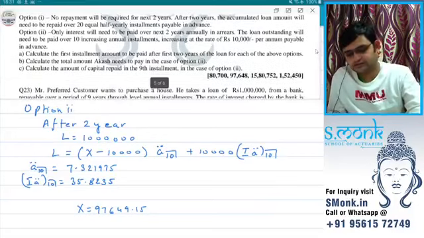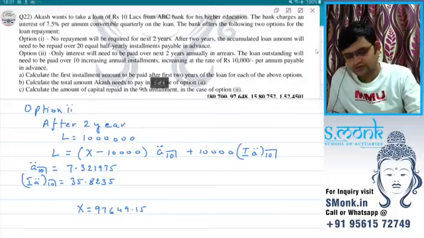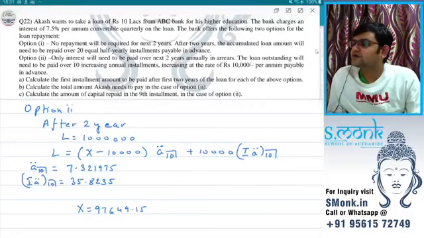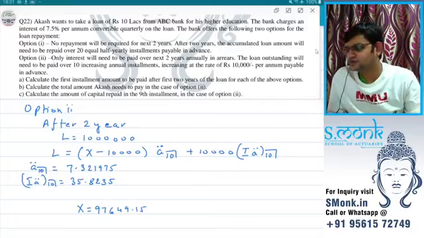Okay. B part, calculate the total amount Akash needs to pay in case of option 2. Total amount.